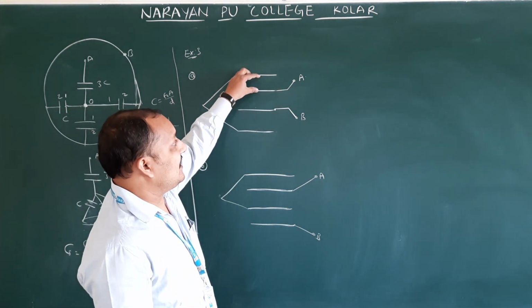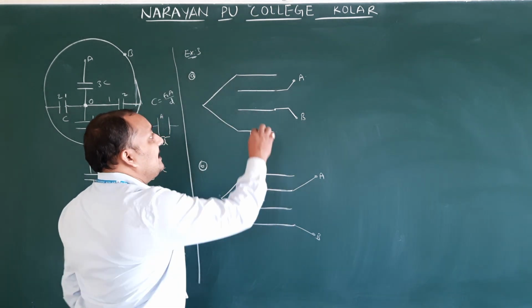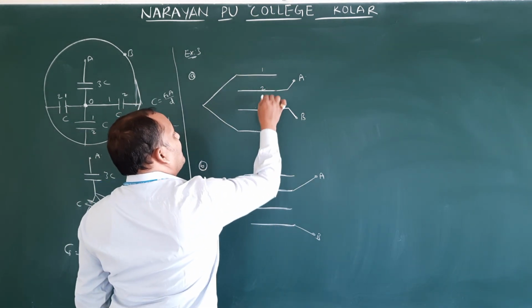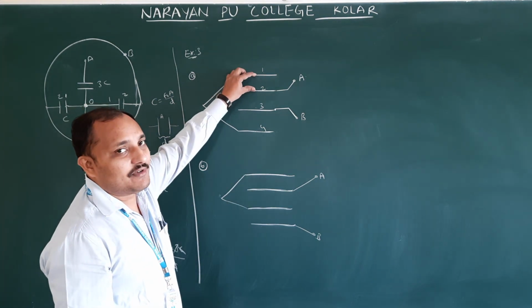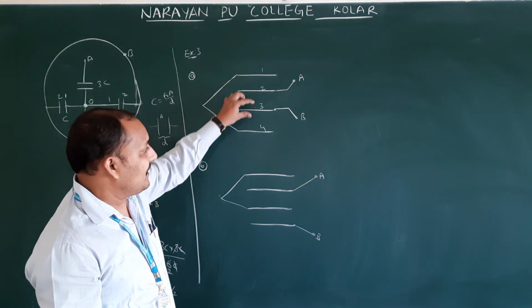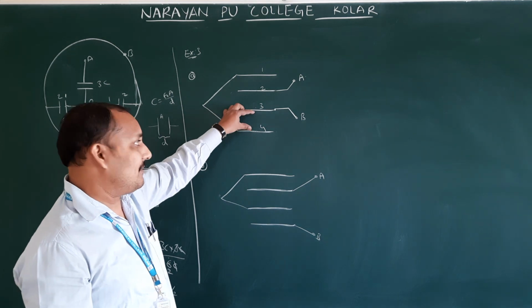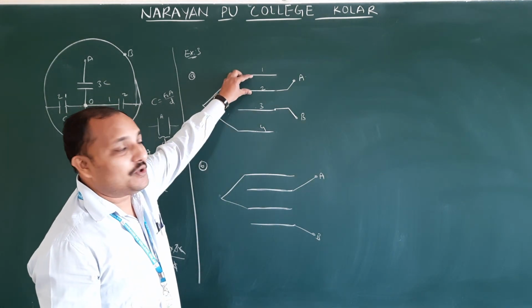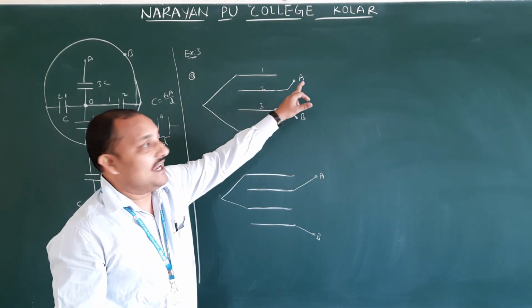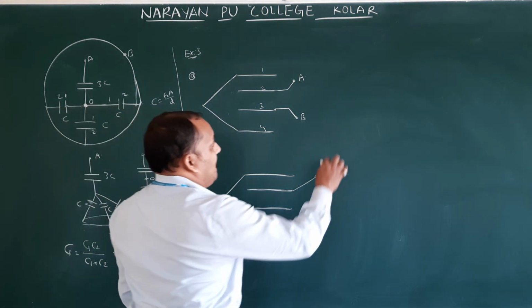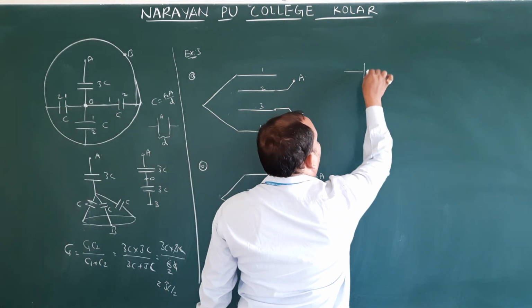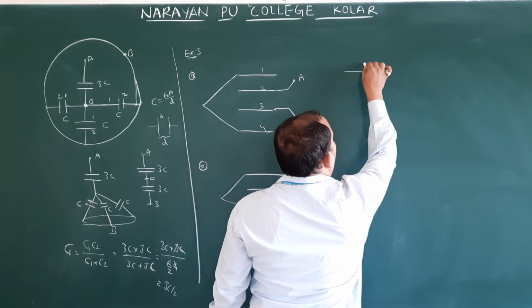So first we will draw these. Whenever we are drawing, give the numbers 1, 2, 3, 4. First we take 1, 2 as one capacitor, 2, 3 as one capacitor, 3, 4 as one capacitor. Whenever we take 1, 2, it is connecting to A, and 1 is connecting to 4.